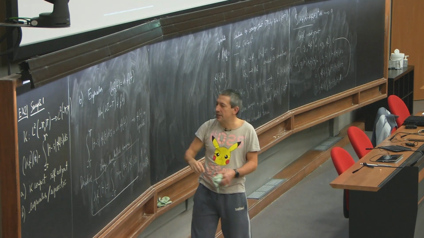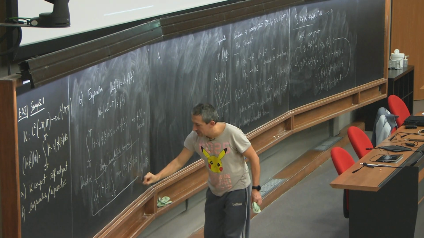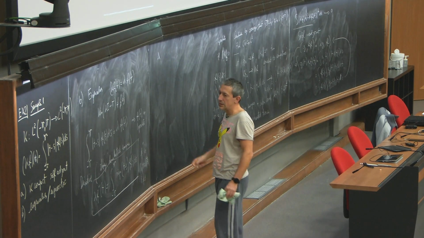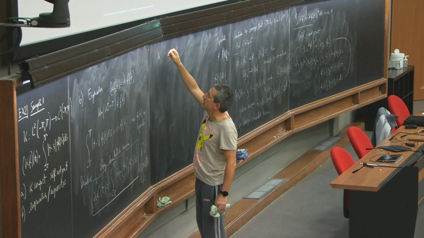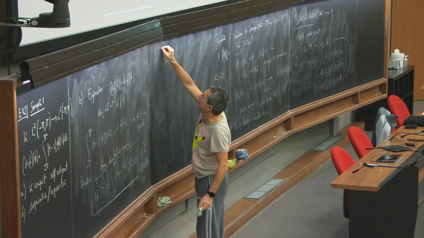Why? You take the difference, so let's do it. So for lambda different than 0, of course. So, f prime. We have just to compute the difference of these two guys.